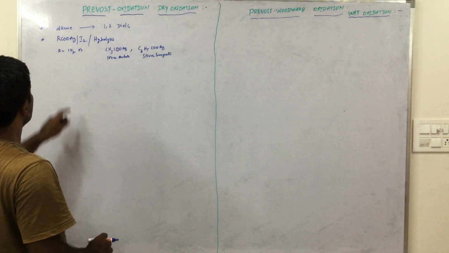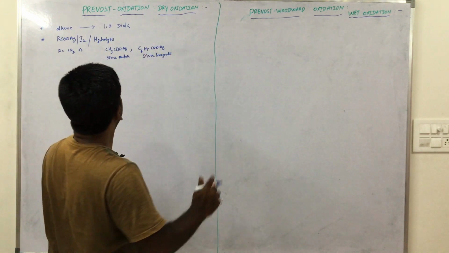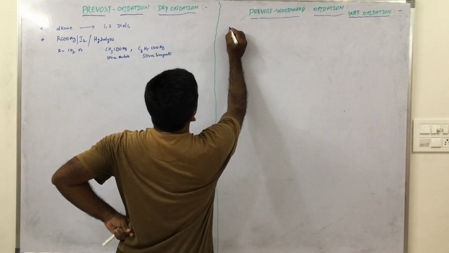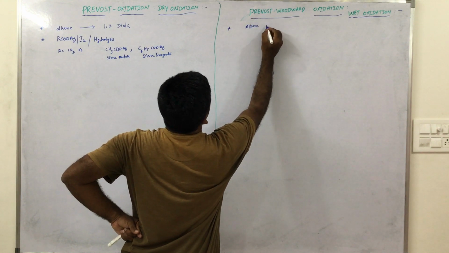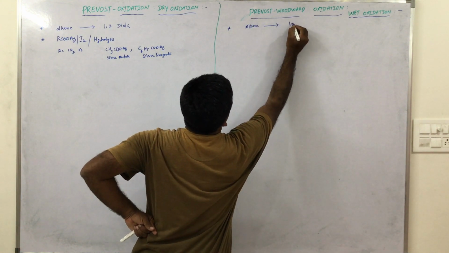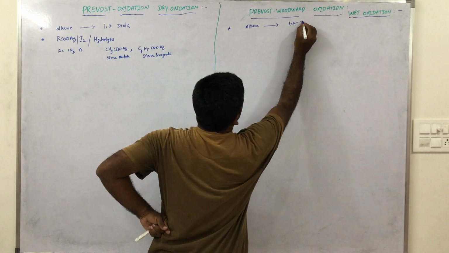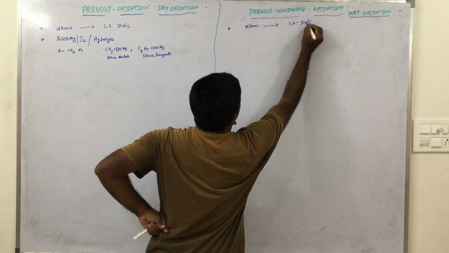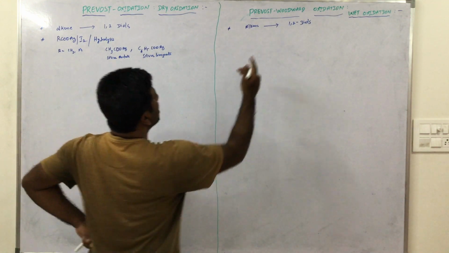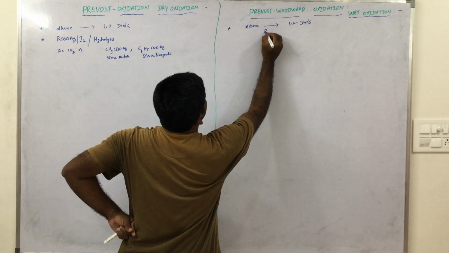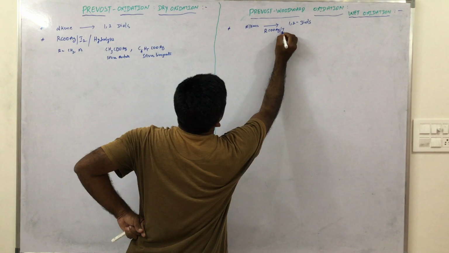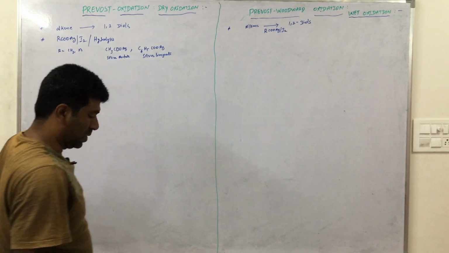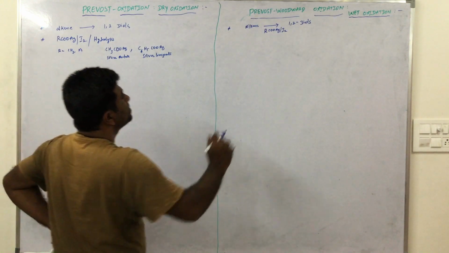Here also, alkenes get converted into 1,2-diols in the presence of silver acetate and I2.